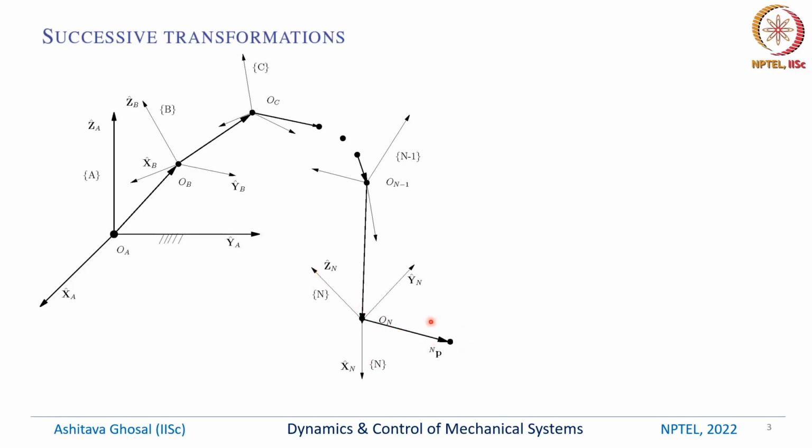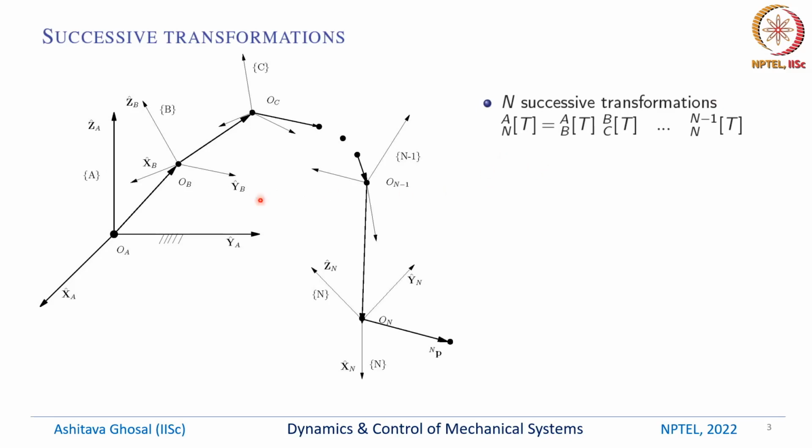And if we have a point on this rigid body, then again we can find the position vector of this point with respect to the nth coordinate system, and then we can find the vector with respect to the fixed reference A coordinate system.